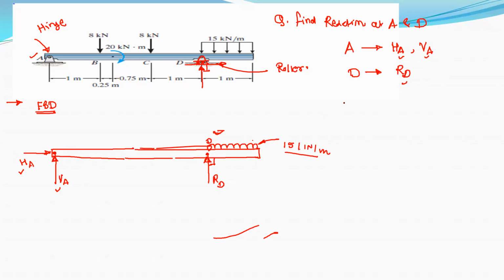So the point load due to UDL, we can write here F1, is equal to 15 into the span, which is 1 meter. So this is equal to 15 kilonewton. This is the point load and it will act exactly at the center.